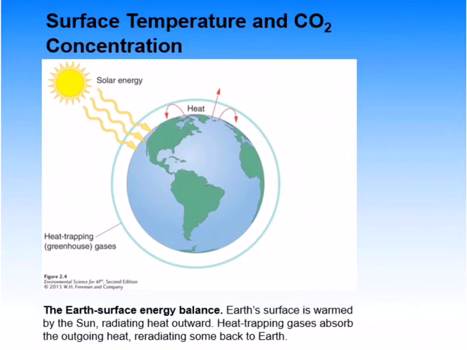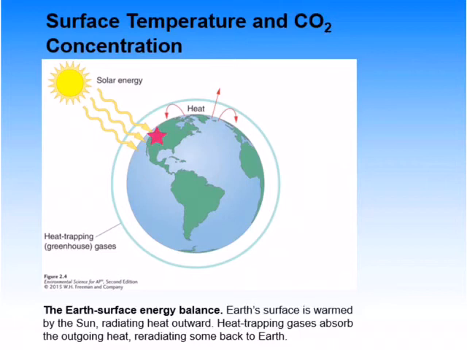Another major concept that you will be studying is the idea of greenhouse gases and temperature of the earth. So greenhouse gases are naturally occurring gases in the atmosphere, such as carbon dioxide, methane, even water vapor is a greenhouse gas. And what happens is light energy comes down and enters our atmosphere, and it hits the earth.